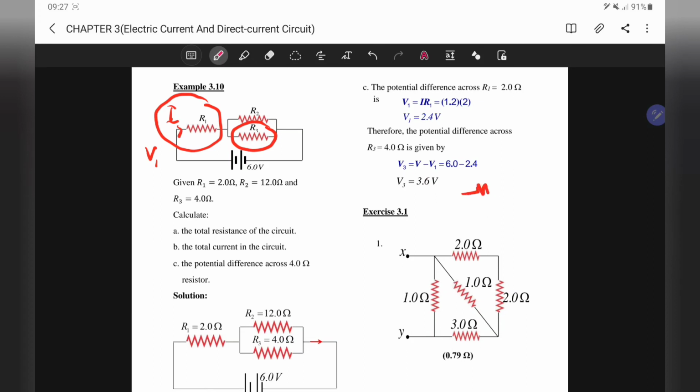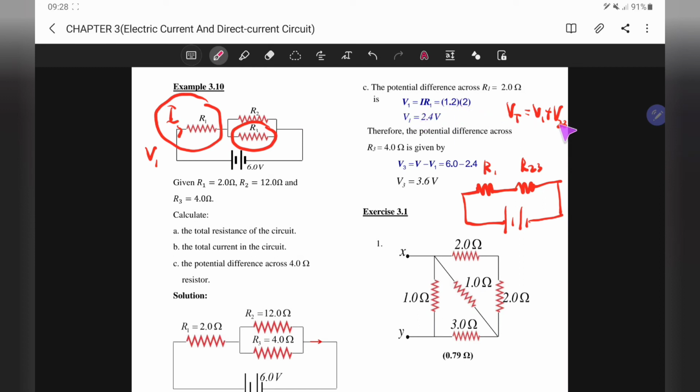This is R1 and this is R23. So R1 and R23 are arranged in series, isn't it? So we know that V total equals V1 plus V23. V total is given already, which is 6 volts. V1 was calculated just now. So you will get V23.